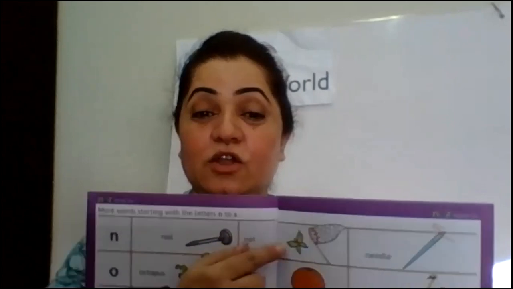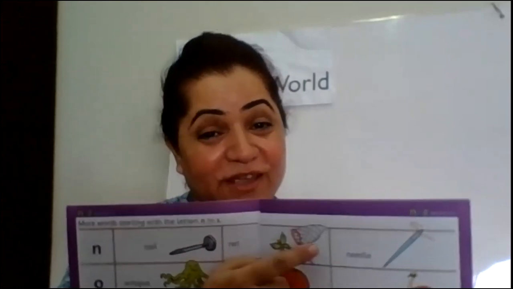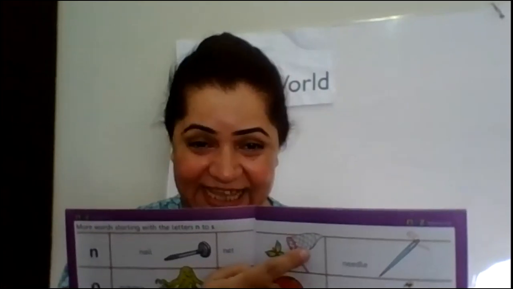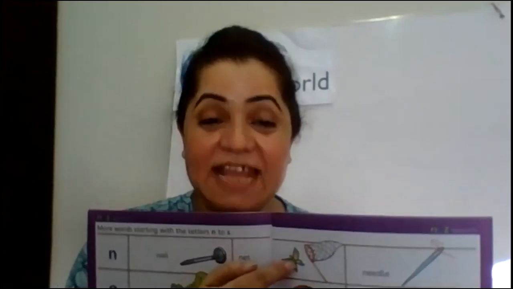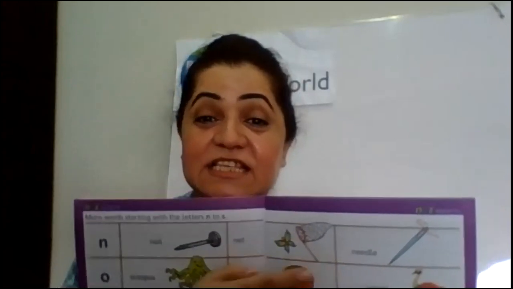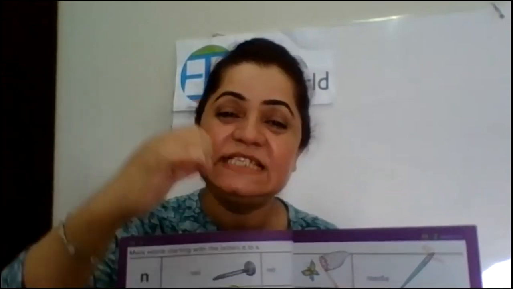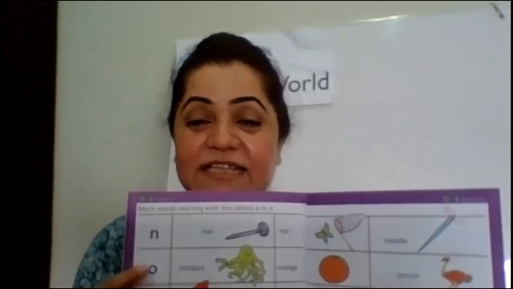N is for net. Somebody's catching the butterfly with a net. And N is for needle. What do we do with the needle? Yes, we stitch, we sew with the needle. That's great.